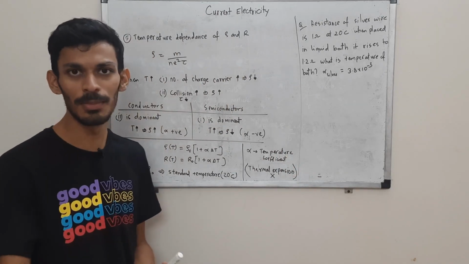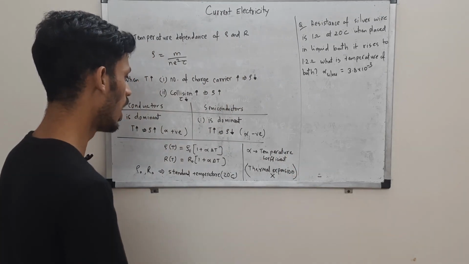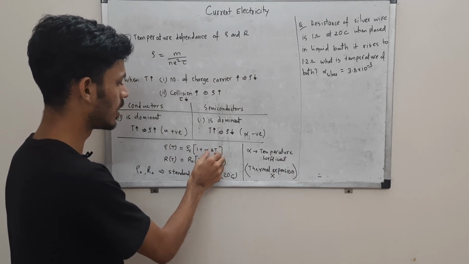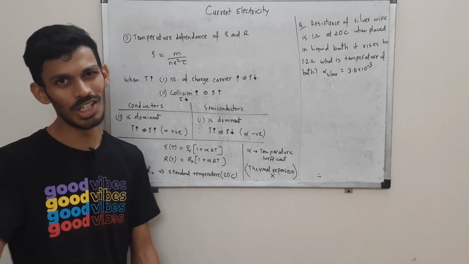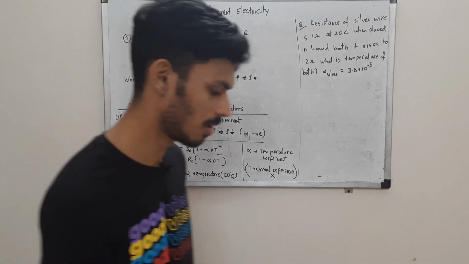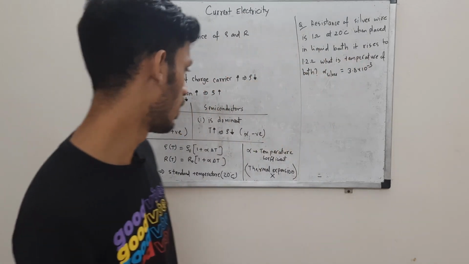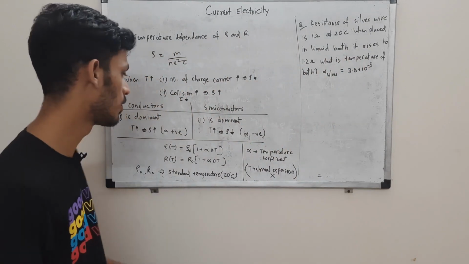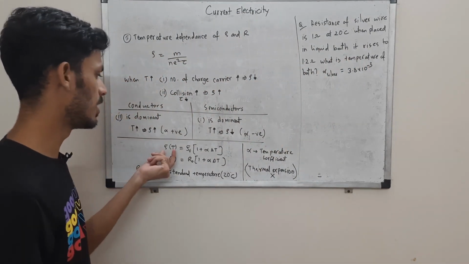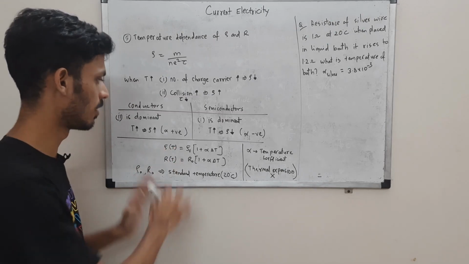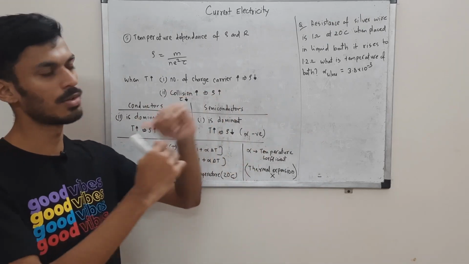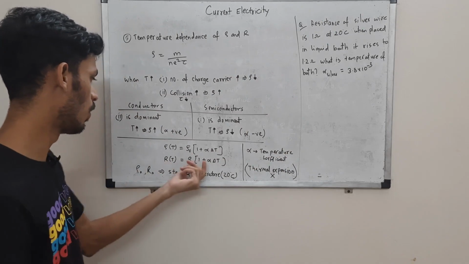It's constant for a given material. You multiply it by the temperature difference and add it to the original resistivity. That will give you the resistivity at a particular temperature. We'll be doing a question on that, so you'll understand how we solve this.